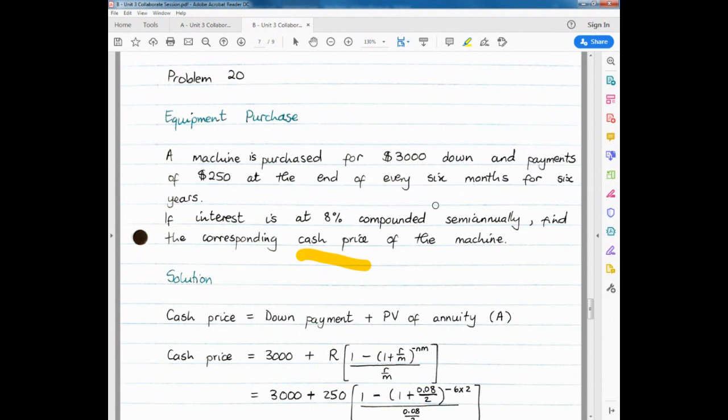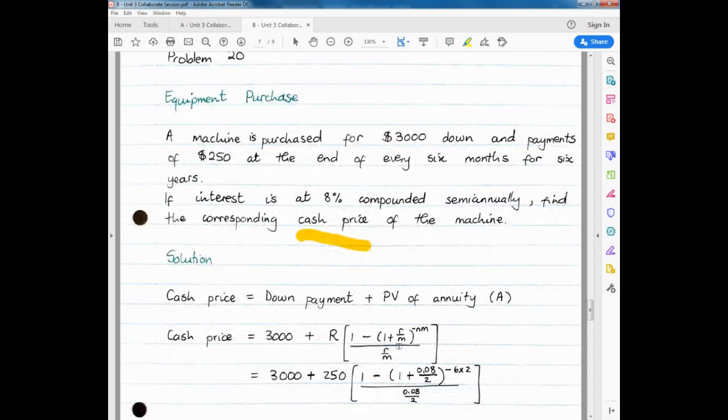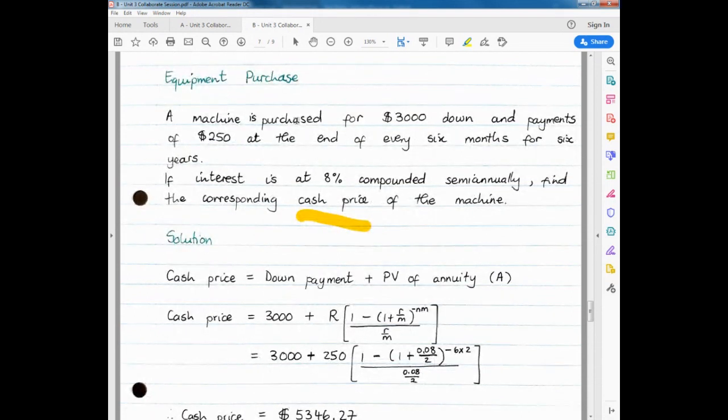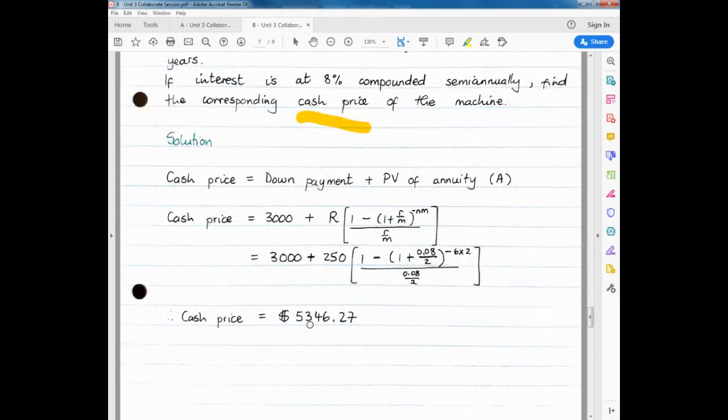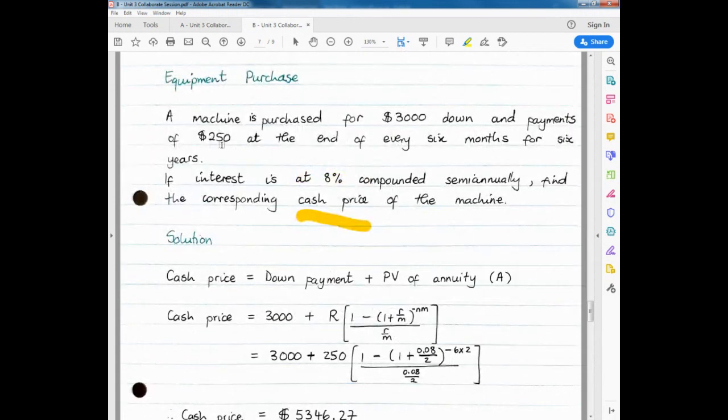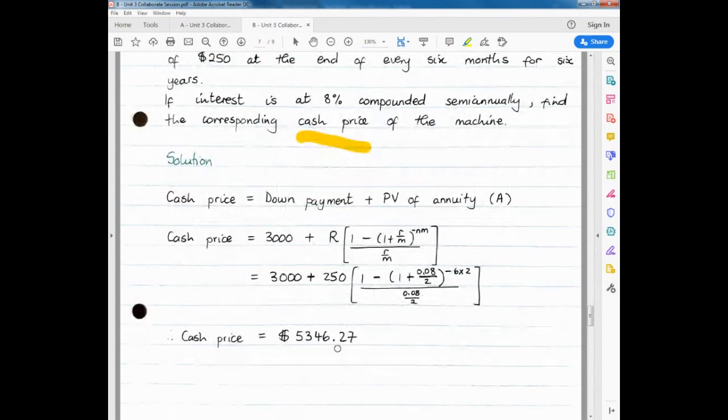So 3,000 plus, we have an ordinary annuity and it's compounded every 6 months, so M will then be 2, because every 6 months means twice a year. You substitute there and you will figure out that the cash price for this machine is actually 5,346.27. It simply means this annuity of 250 every 6 months for 6 years at that interest rate was worth 2,346.27.